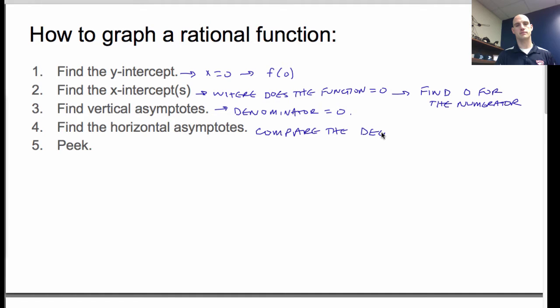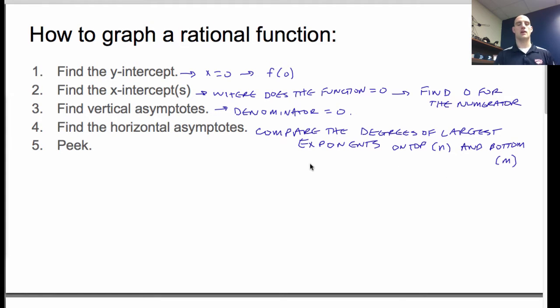And for the horizontal asymptotes, we have to compare the degrees, the largest exponents on top and bottom. The top, the numerator, is going to be n, and the bottom, the denominator, is m. If n is less than m, that's going to give us y equals 0 as an asymptote.